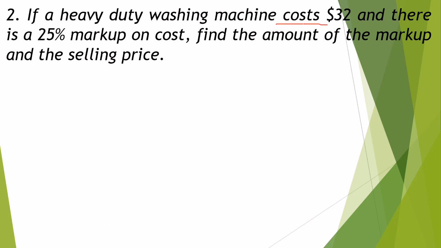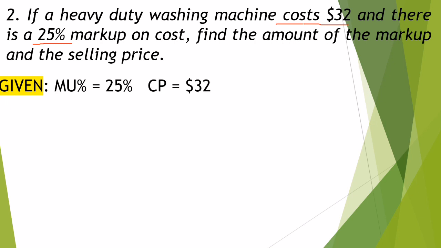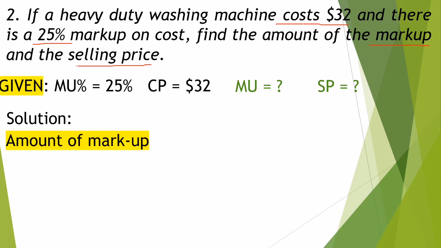So we have here cost price, which is $32 and 25% for our markup percentage. And for our unknown, we have find the amount of markup and selling price. So MU and SP.